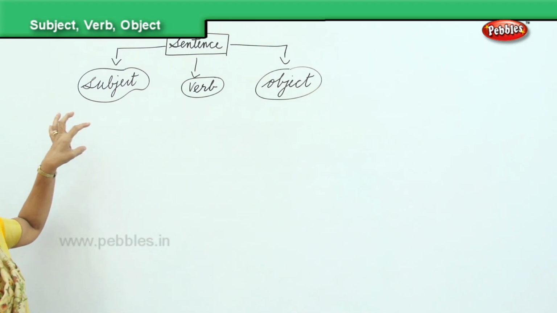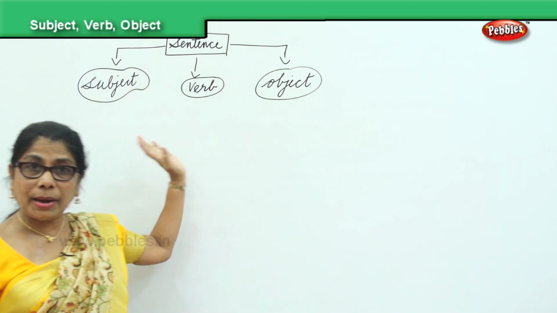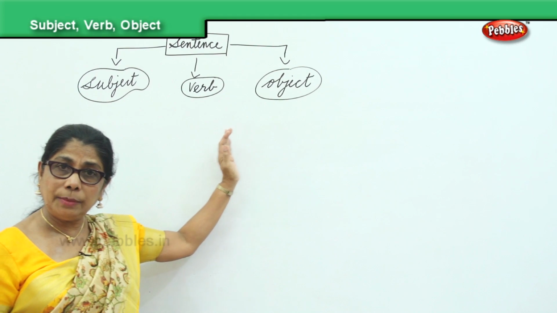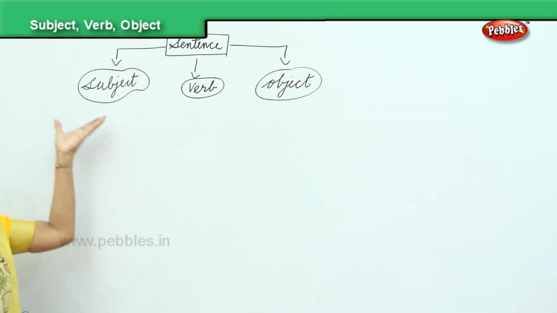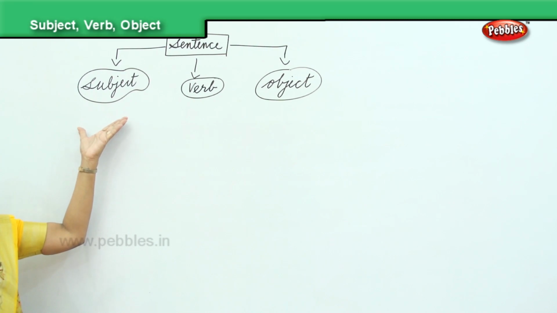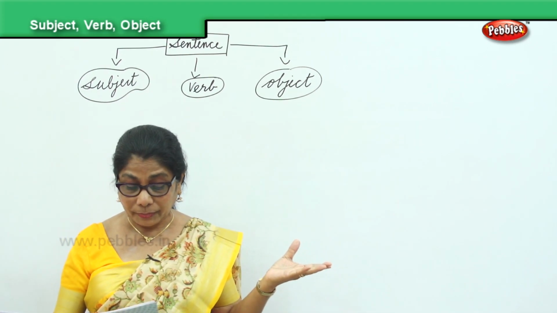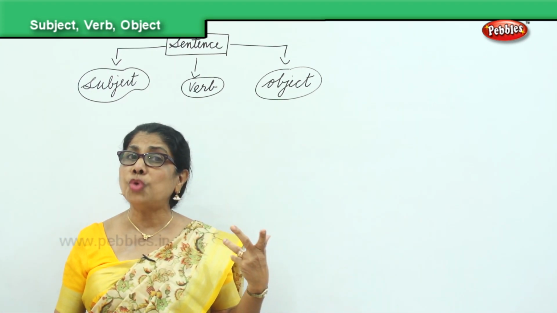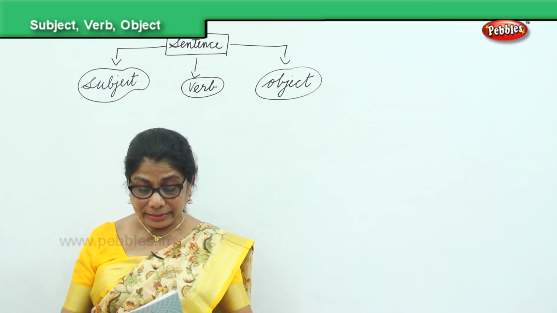The subject can be a noun or a pronoun. So, every sentence has three parts: subject, verb, and object. Every subject can be a noun or a pronoun, and it generally does some action. The subject is normally at the beginning of the sentence.